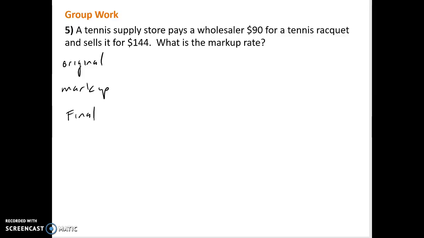Now, you know the original price for anything is going to be 100%. That's what we learned in class. So 100%. And in this case, it says that the original price of the tennis racket is $90, right? A tennis store pays a wholesaler $90. So that's the original price. And then it says that the tennis rackets, they sell it for $144. Now, $144 is not really the markup, it's the final price.